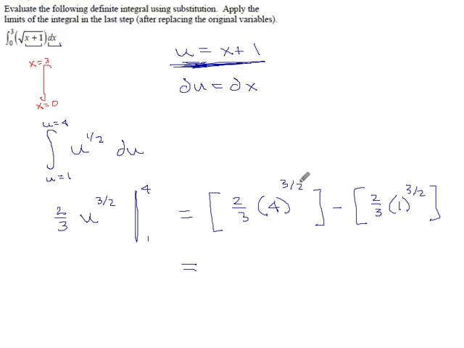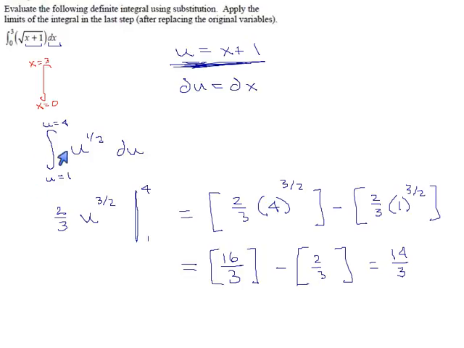Square root of that is 8. 2/3 of that is 16 over 3. Minus 1 to any power is 1, times 2/3 is 2/3. 16/3 minus 2/3 is 14/3. So that's one way that we can complete this integral.